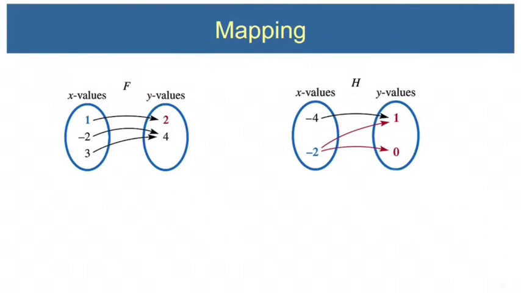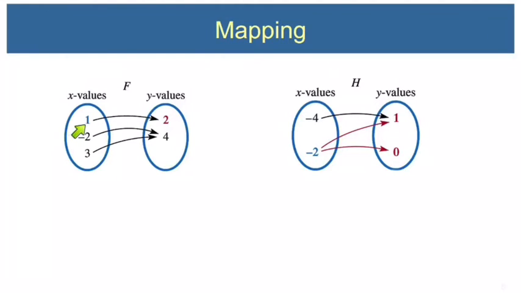Now here's just another way of representing a relation. We have here all of the x values and here all of the y values, and the arrows indicate which x values match which y values. And remember, to determine if something is a function, we just want to make sure that each x value only goes to one y value.